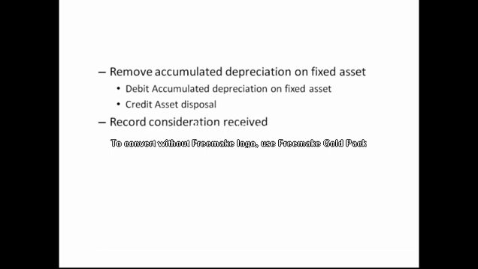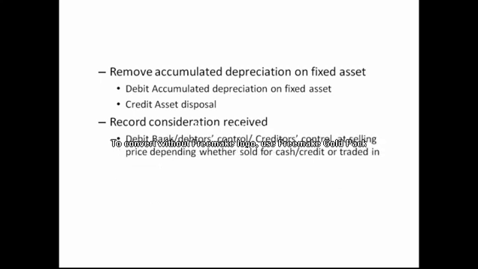Okay, then the next step is we have to record the consideration that we receive, and that will depend on how we got rewarded for getting rid of the fixed asset. So if we got rid of it for cash, we will receive the money, our bank will increase.